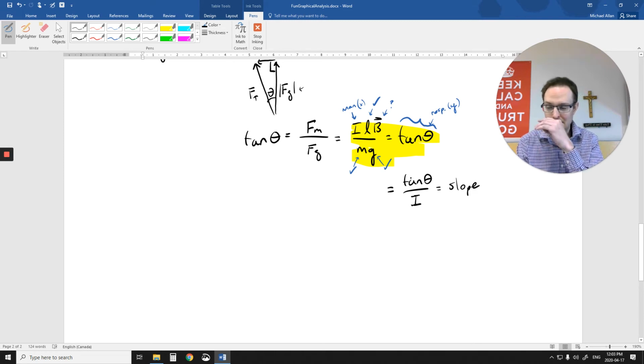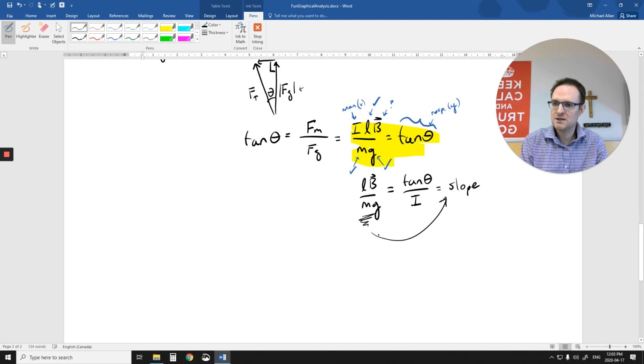This is one way to do it. If I did that on the other side, I'll have my ILB over mg on the bottom. So all of this stuff on the left-hand side is also equal to my slope. Okay, so I can just drop that middle piece, and I can solve this equation.